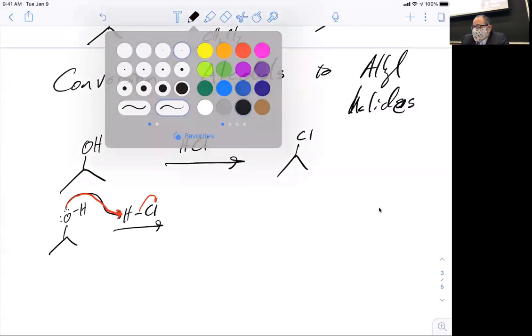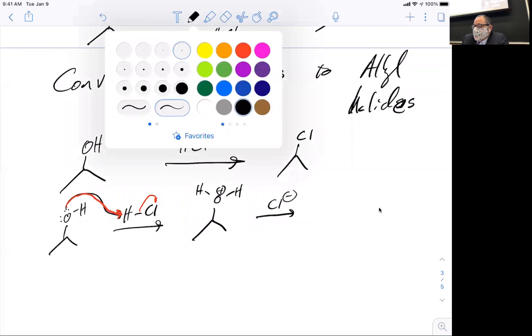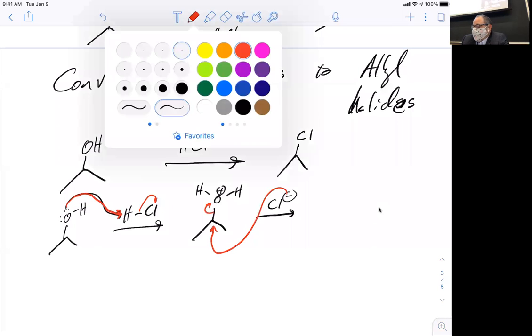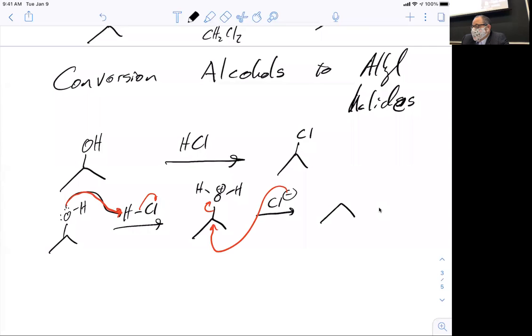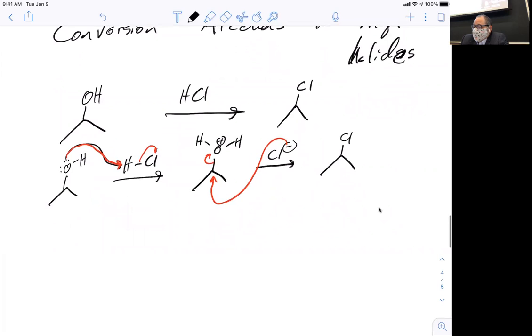So you convert the good leaving group. And then depending on what's going on, you're either going to get the chlorine to come inside and attack. So here, this is secondary. So this is possible. But potentially we could have also formed the carbocation, right?